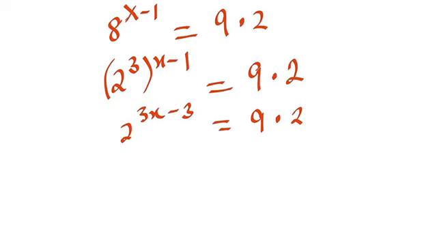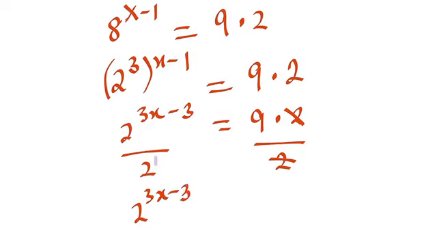Now from here, let me divide both sides by 2. If I divide both sides by 2, these 2s will cancel. Then from the law of indices, this 2 has power 1, so we have 2 to the power of 3x minus 3, taking that minus 1 up, equals 3 to the power of 2, because 9 is the same thing as 3 to the power of 2.